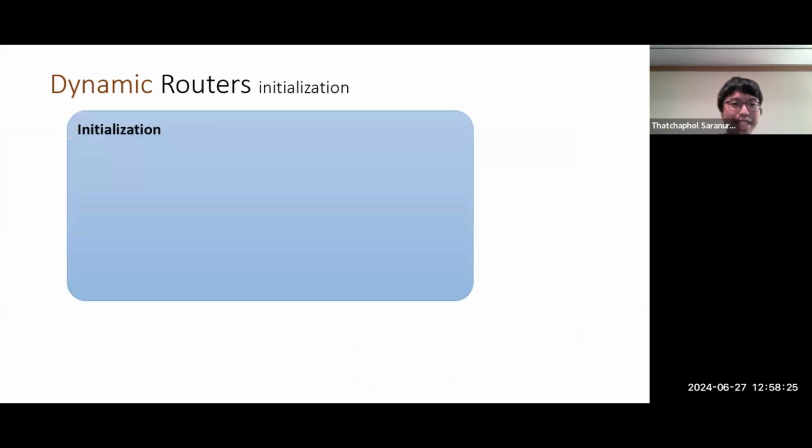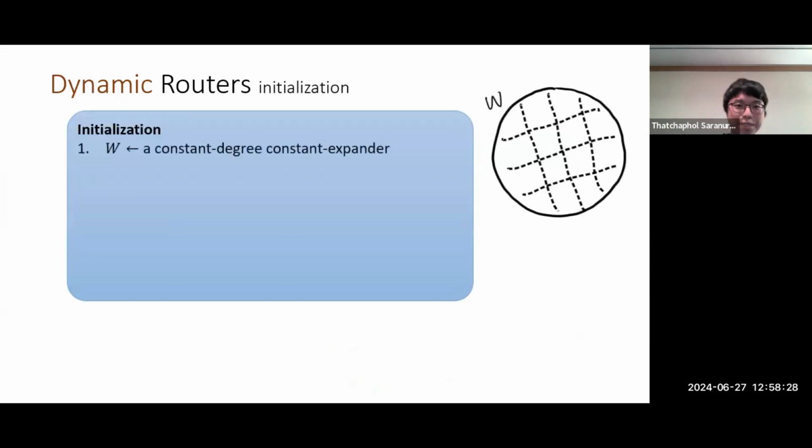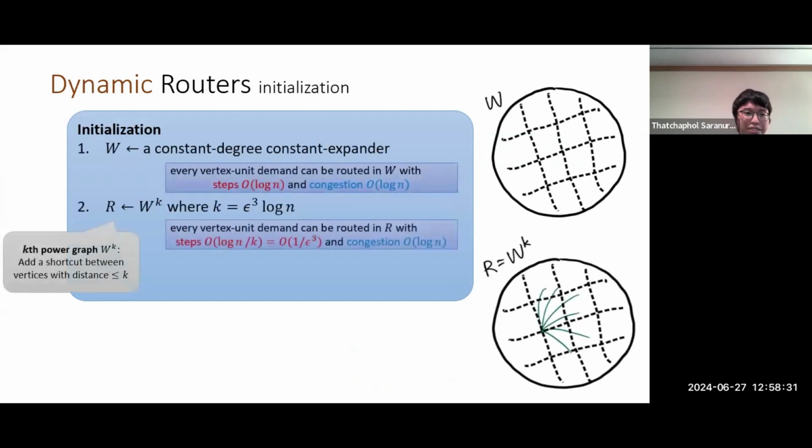Yeah, and here's the initialization of the router. That's just as what Sachapon said, so I will skip it here. We first pick a constant degree constant expander W, and then take the K-th power graph of this expander W. Because the K-th power graph just means we add a shortcut between vertices with distance at most K, the step of the routing in R will drop by a factor of K. So it drops from log n to log n over K, which is constant when epsilon is constant.